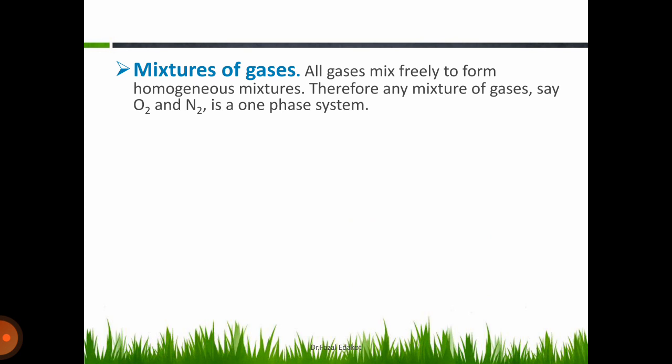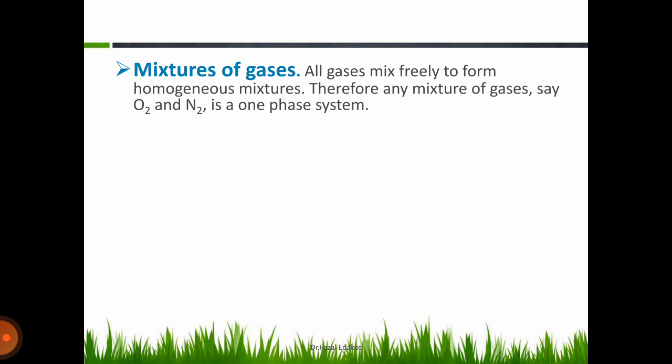A mixture of gases. If you take a mixture of gases, how many phases will be there? Gases have a particular property that is what we call homogeneity. If you make two different gases enter a particular space, they won't show any heterogeneity, as if there is no hide and seek game.